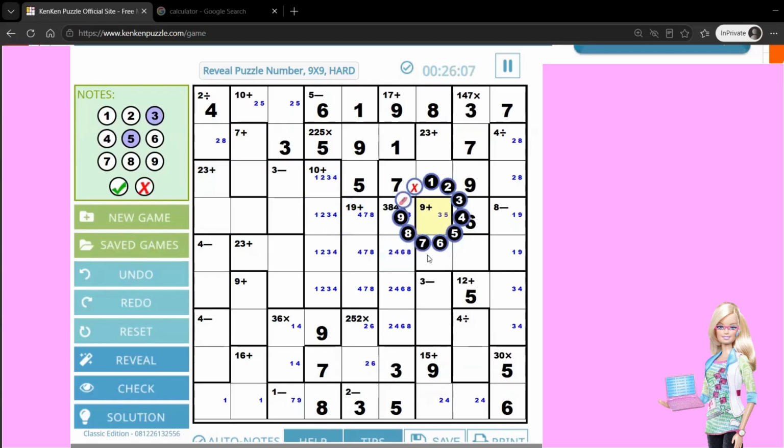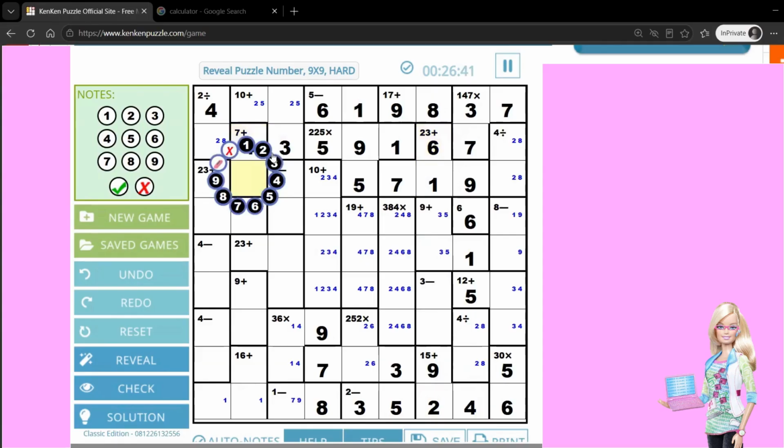5, 3, 1, 8, 2. That means this is a 4, 2. That can't be a 5. Can it be a 6? No, because of that. So that means this is 6 and 1. 3, 4, 7.